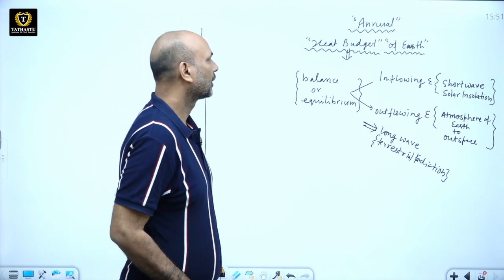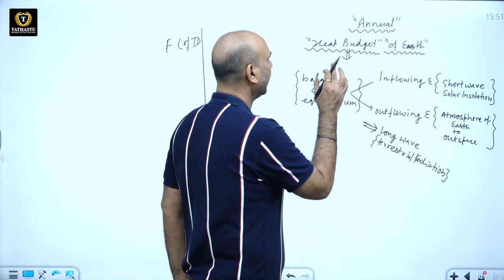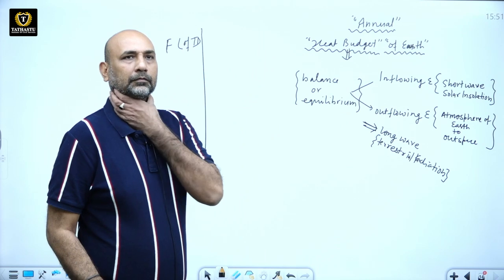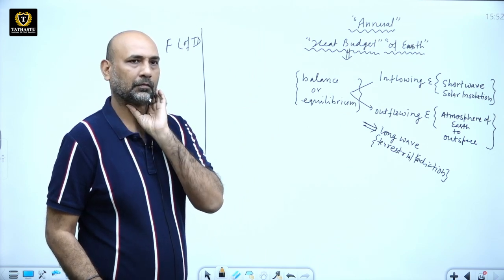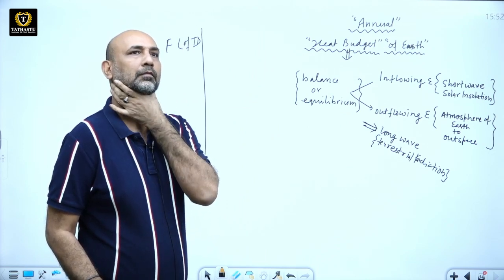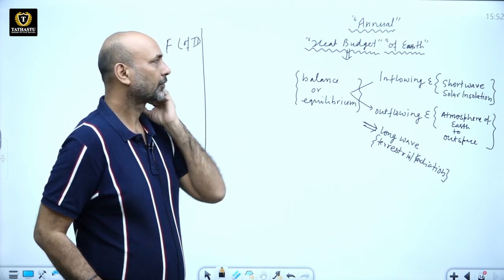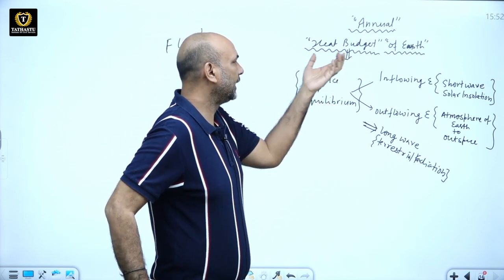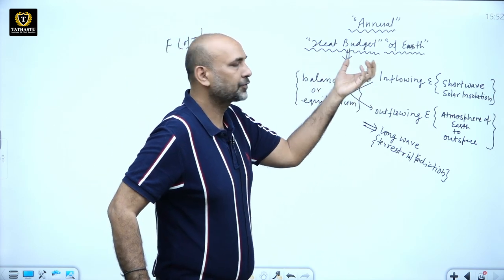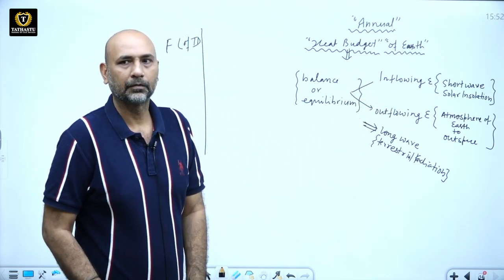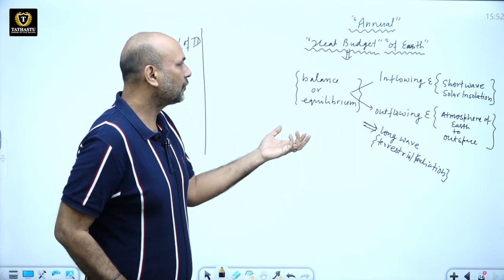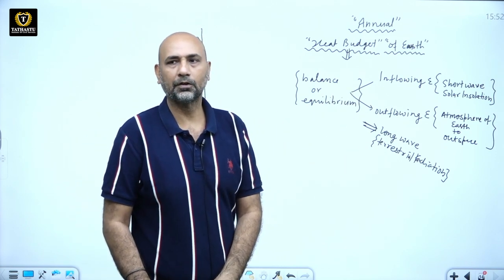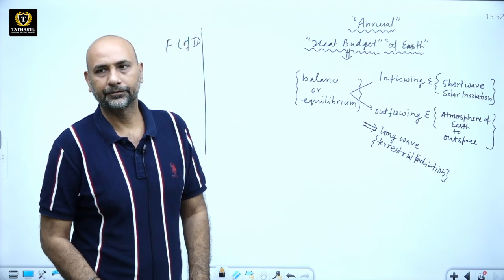So I am giving you the annual heat budget of Earth definition. The annual balance, annual equilibrium between inflowing short wave solar insolation and outflowing long wave terrestrial radiation of Earth is called annual heat budget of Earth.